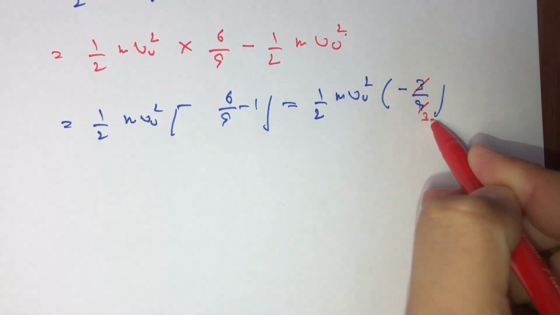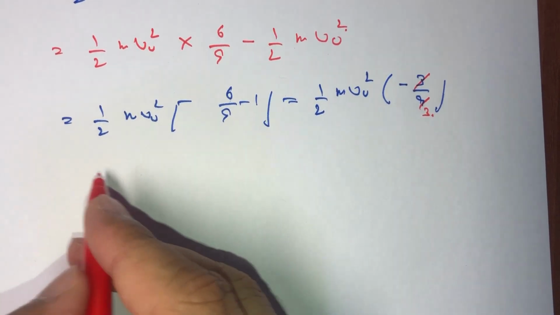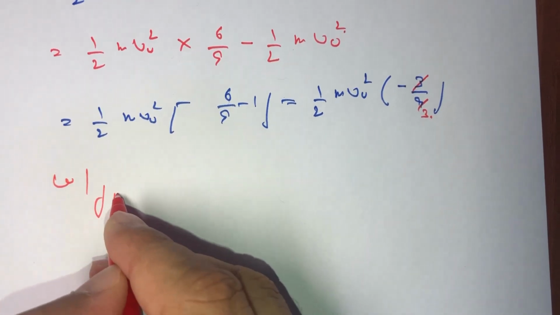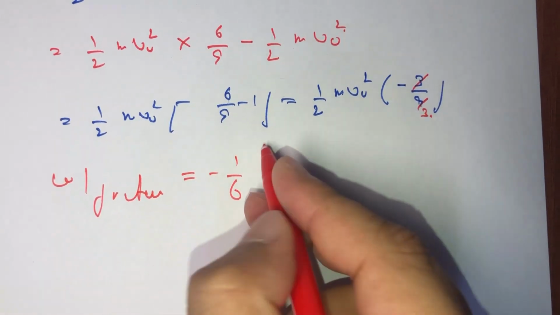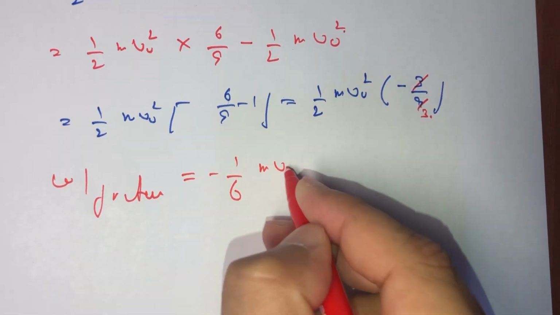This goes by 3, so the work done because of the friction is equal to minus 1 by 6 m v naught square.